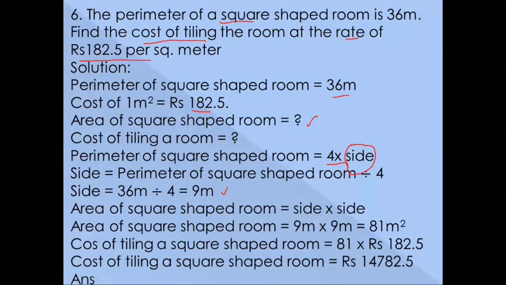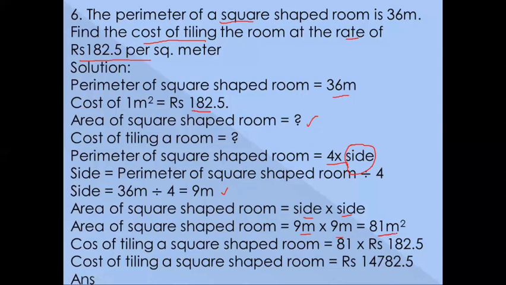Okay. Now the area of the square shaped room is equal to side multiplied by side. Dear students, the value of one side we have got after dividing the perimeter by 4 is 9. 9 multiplied by 9 will be 81 square meter.